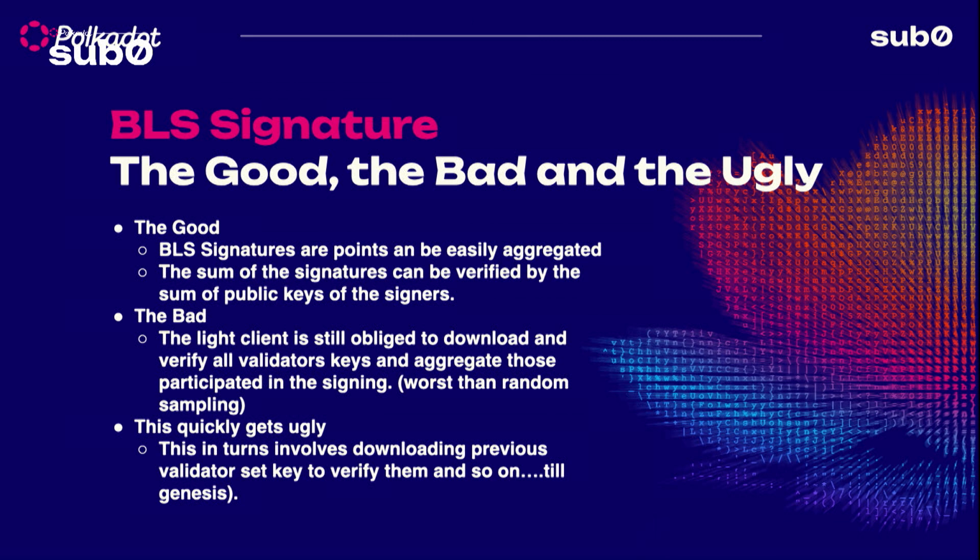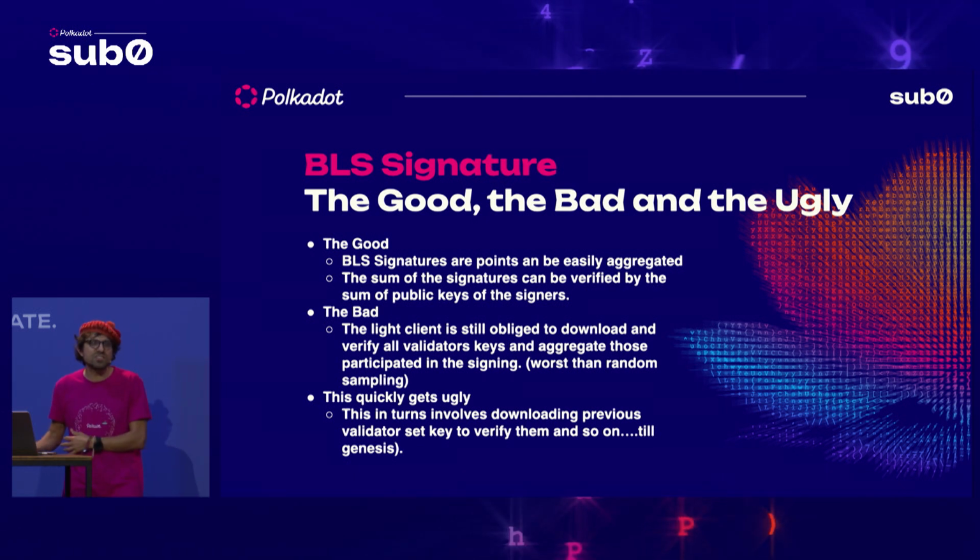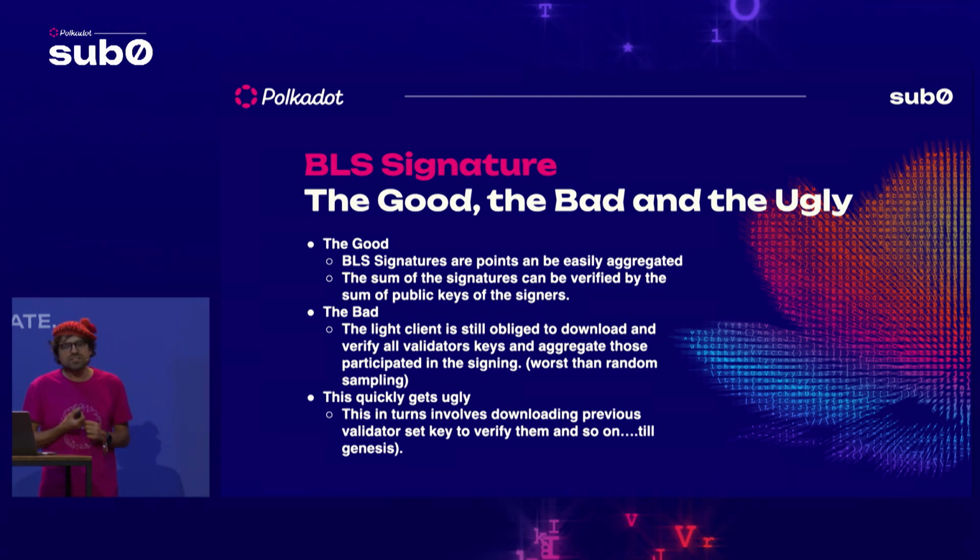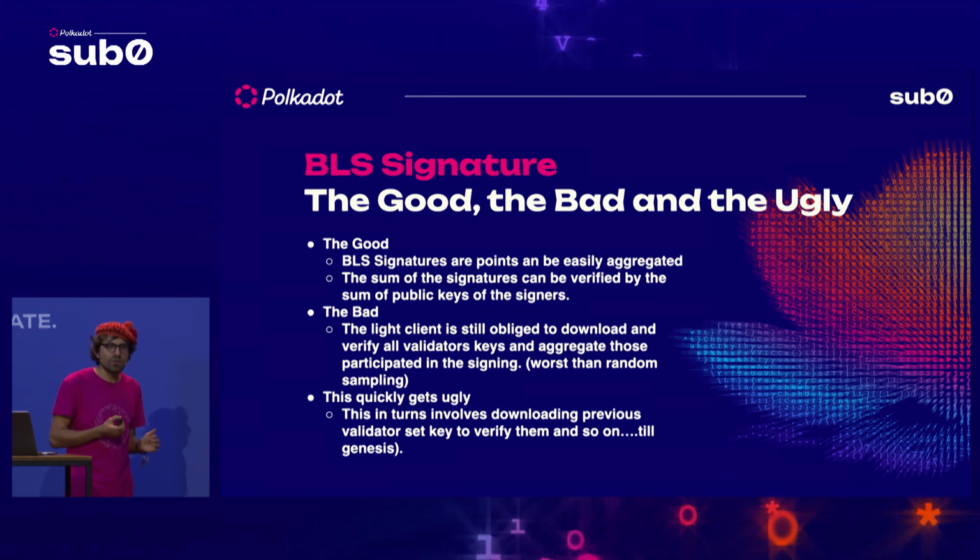So I'm just putting this together. What we got from BLS was that we were able to add all these 1,000 validator signatures and get one signature. The bad part was that the aggregation process of the public key wasn't transparent, so somebody might say, maybe I have 1,000 validators every session, and I just send these 1,000 to the light client, and they can aggregate as much as they want themselves.